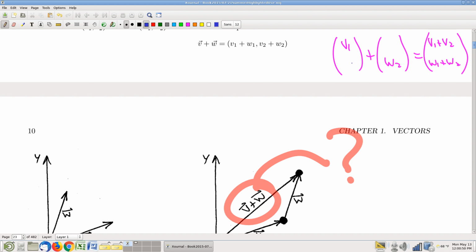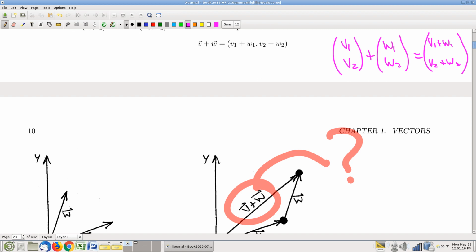I know it's almost lunchtime. This is V2, and this is W1, and so, thank you, V1 plus W1, and this is V2 plus W2. Sorry, I got ahead of myself. Thank you for that. Okay, everybody see what I'm talking about?